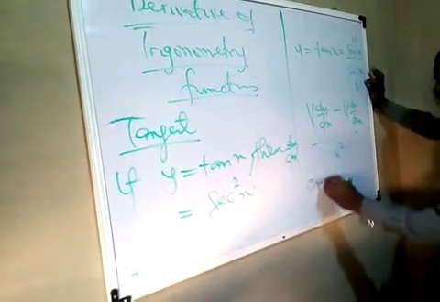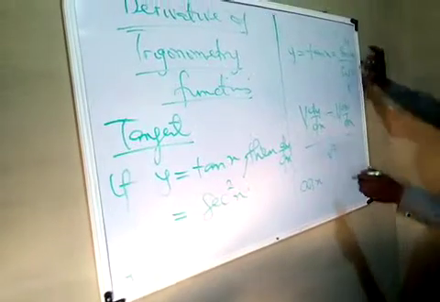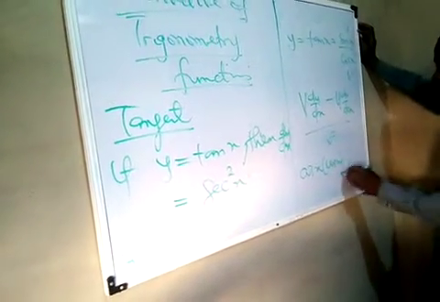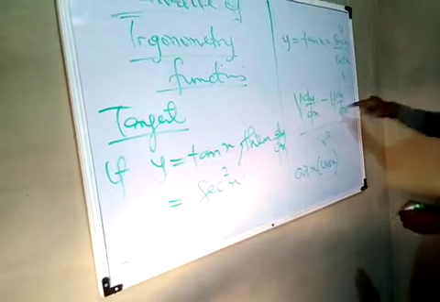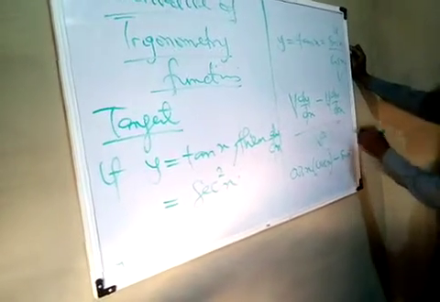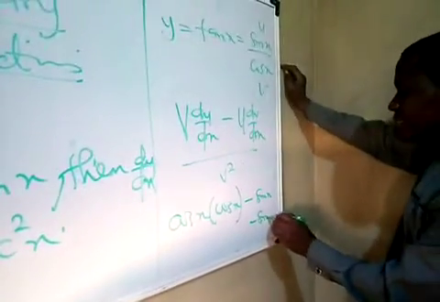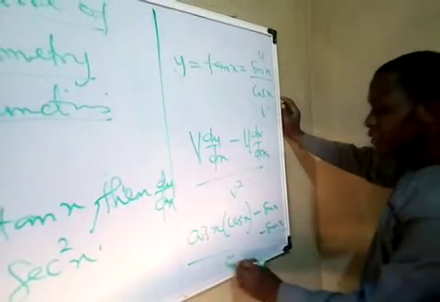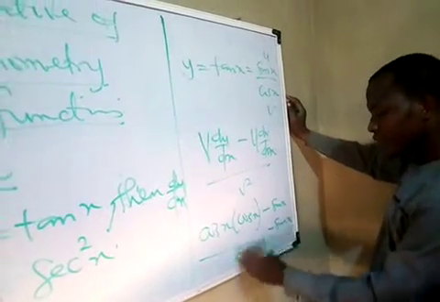Our v is cos x. What's our du/dx? Differentiate this. When you differentiate sine, you get cos. You have cos x. Now we have u. What's our u? Sine x. If you differentiate v, dv/dx, you have minus sine x. Don't forget, everything over v squared, over cos x all squared.